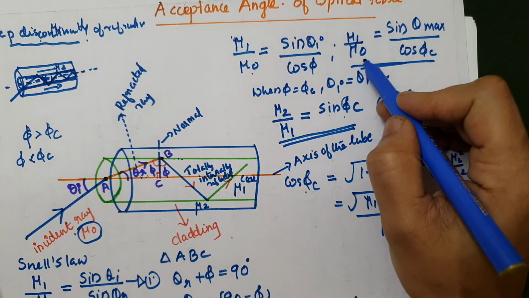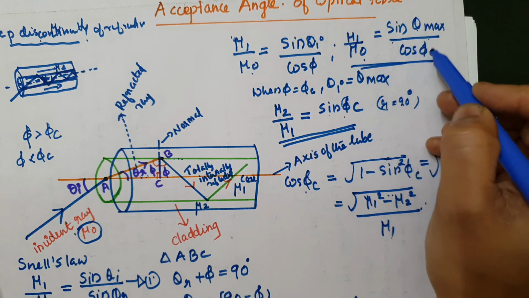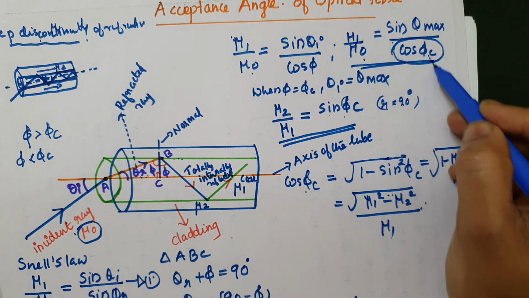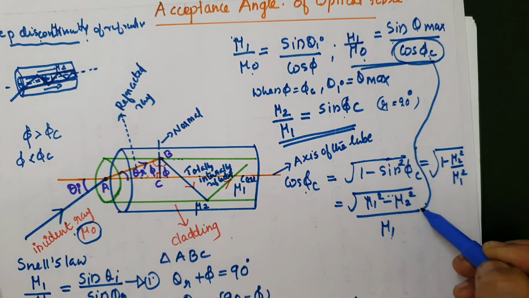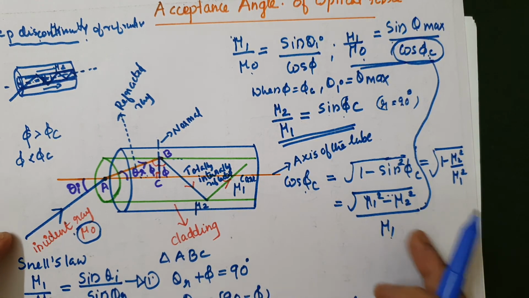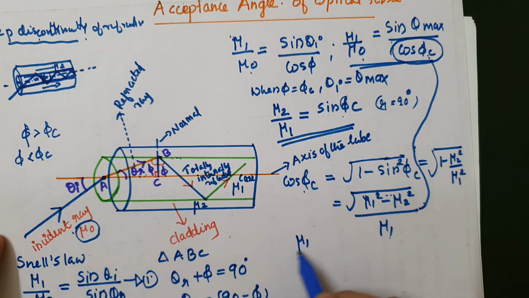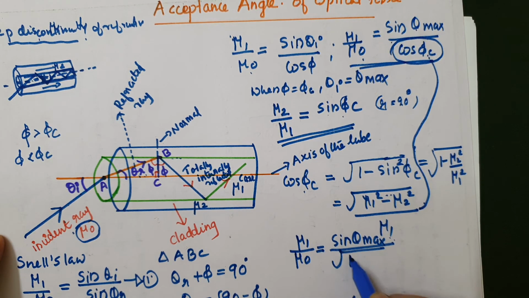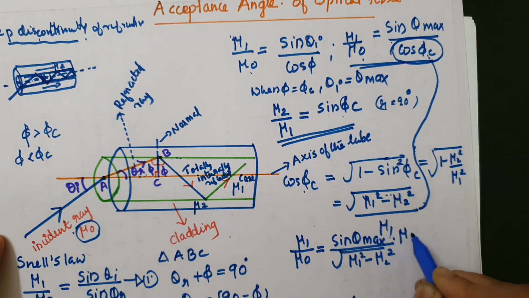Here mu 1 by mu 0 is sin theta maximum by cos phi c. Instead of cos phi c, we can substitute the value from this equation. That is, mu 1 by mu 0 is equal to sin theta maximum divided by root of mu 1 square minus mu 2 square into mu 1. And this mu 1 and mu 1 will cancel.